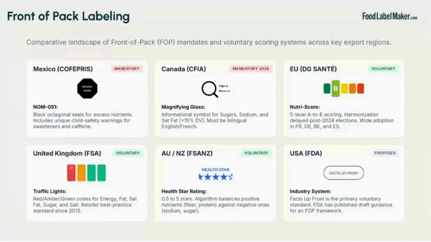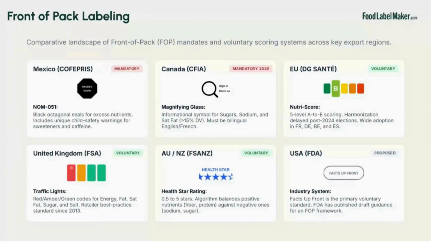And last but not least, we have the health star rating for Australia and New Zealand. Australia and New Zealand both use the health star rating system, which is 0.5 to 5 stars, and it was introduced back in 2014. The algorithm basically considers energy, saturated fat, sodium, and total sugars negatively, and fiber, protein, and fruit and vegetable content positively.